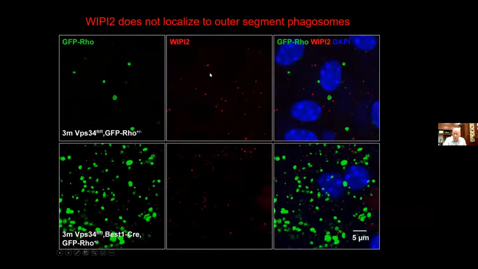There are puncta containing WIPI2 within the RPE, but they do not co-localize with the phagosomes. And that's also true, of course, in the knockout mice that do not have PI3P.